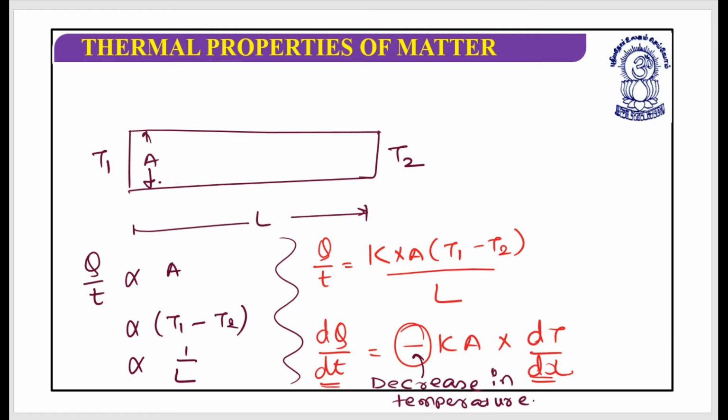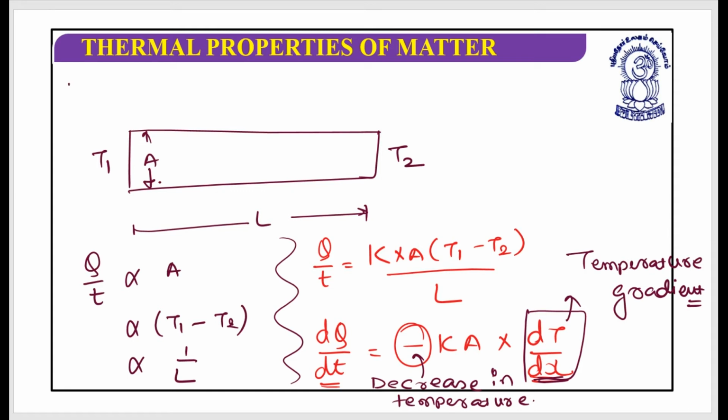That's why I have written the negative sign. And this dT by dx is the temperature gradient. I hope this is clear.